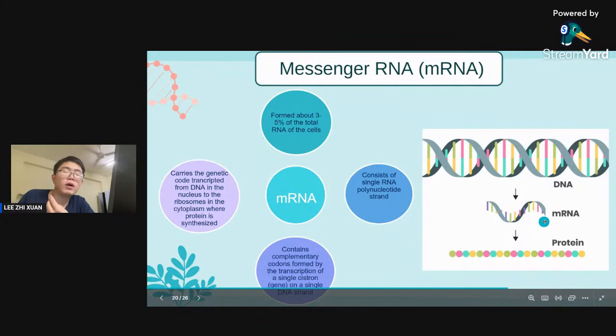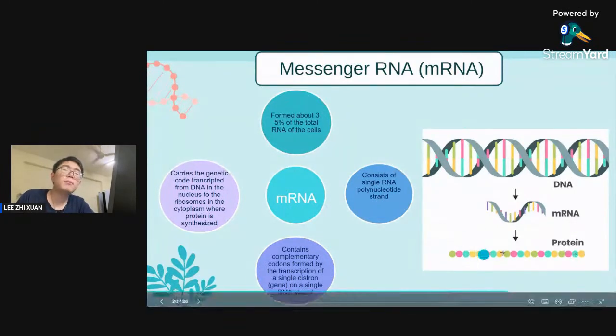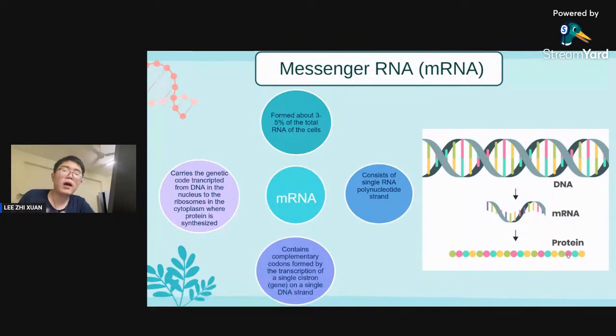But not only mRNA, tRNA is the key molecule that carries amino acids. It brings the amino acid to the ribosome and then produces protein. We know that the monomer of protein is amino acid, right? So where does the amino acid come from?